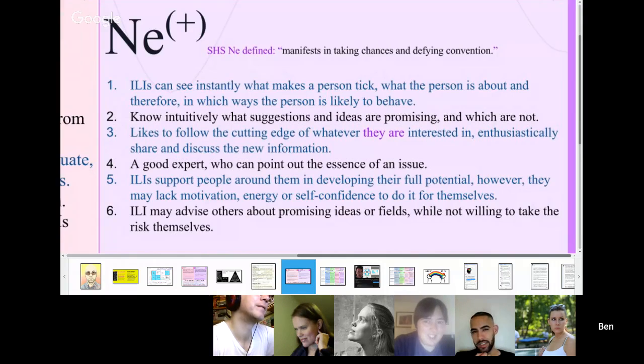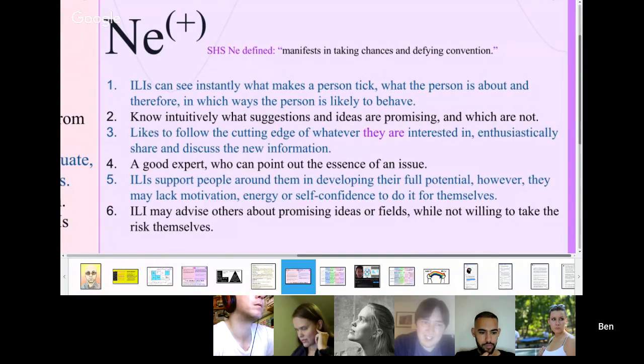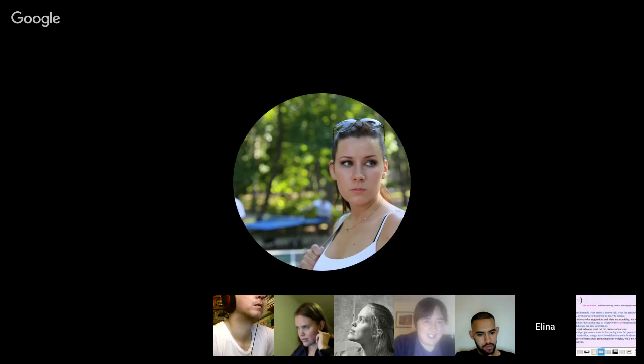I'm trying to think of examples of this. May advise others about promising ideas. If it's something I find promising, then I wouldn't. It's not like I would give away my opportunity to someone else.